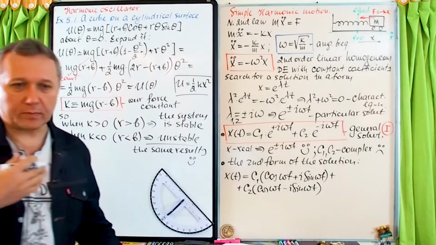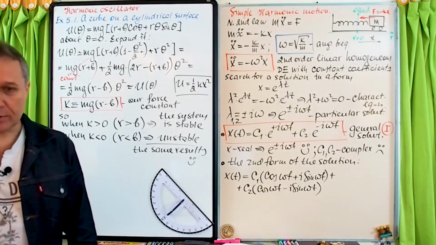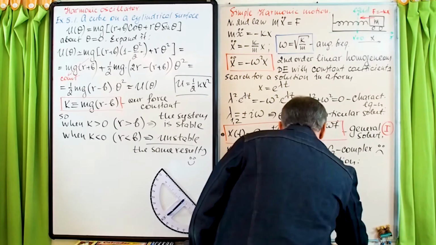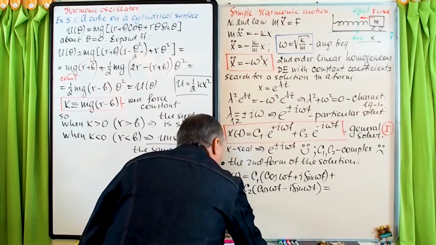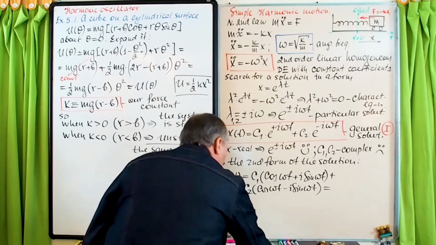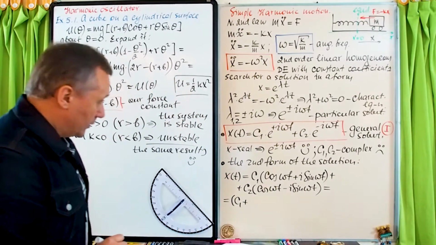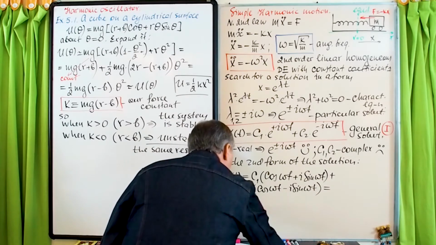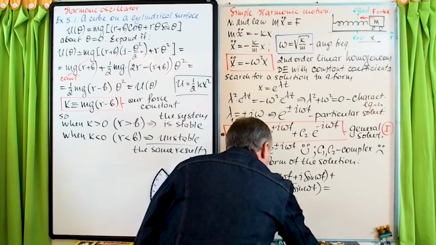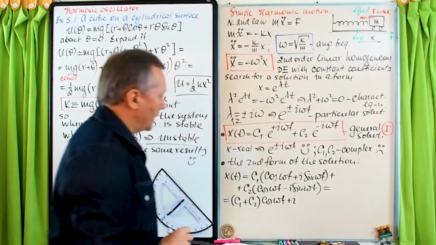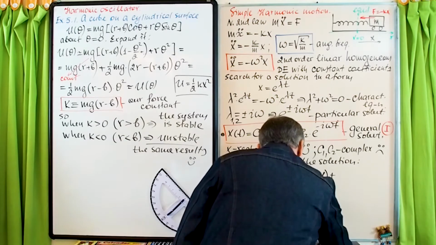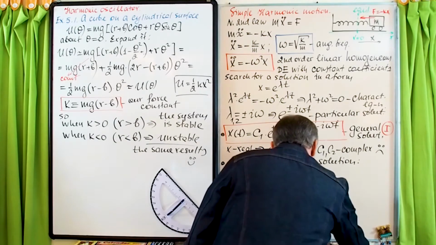We can combine terms which have cosines and sines, and we will end up with c1 plus c2 times cosine omega t, plus i times c1 minus c2 times sine omega t.